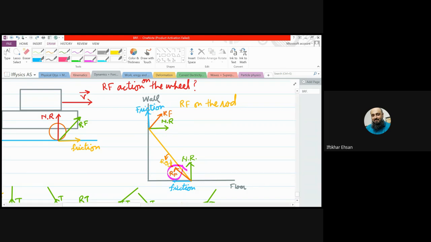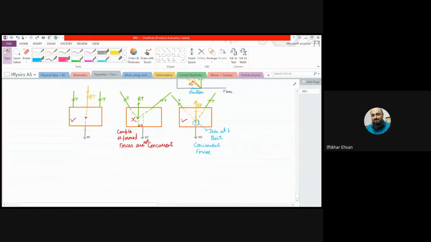Right? Now the last point we are going to discuss: we have three frames, each supported by two strings. Here both strings are like that.